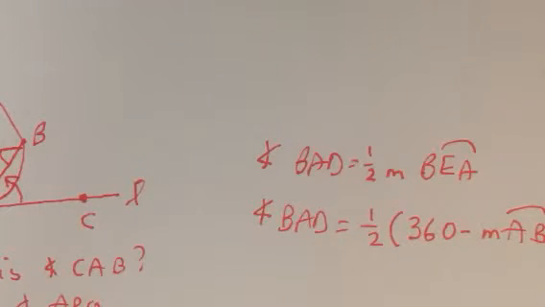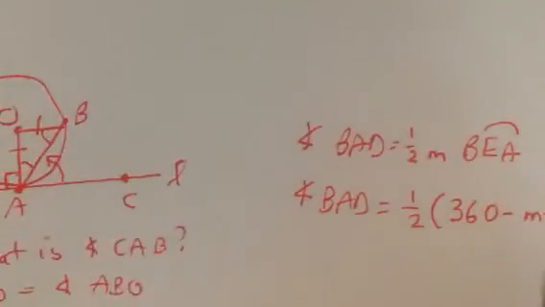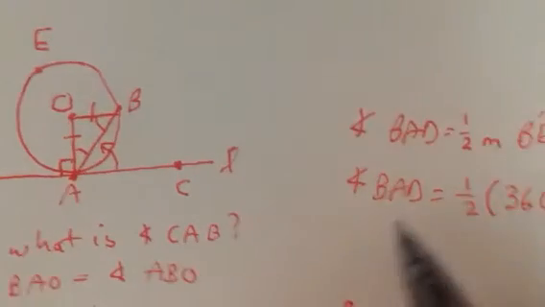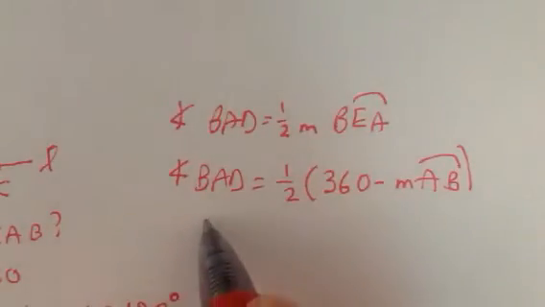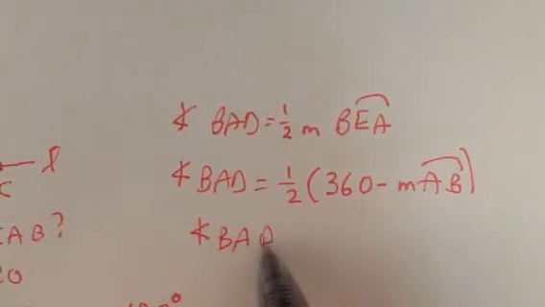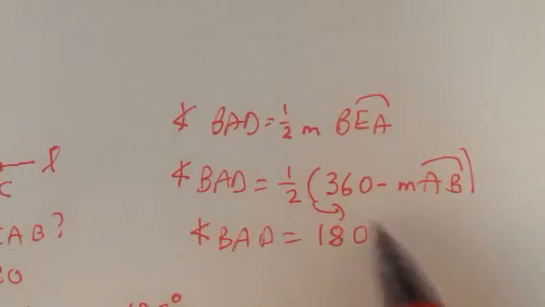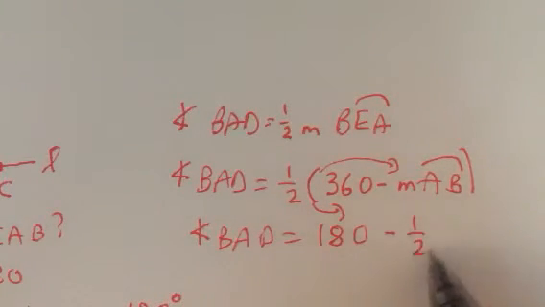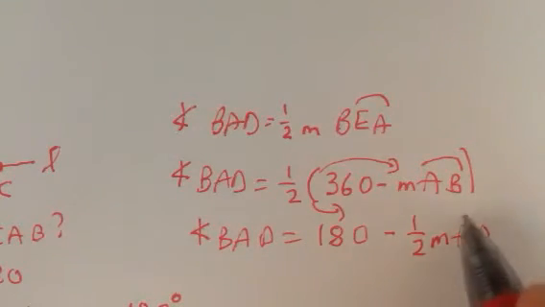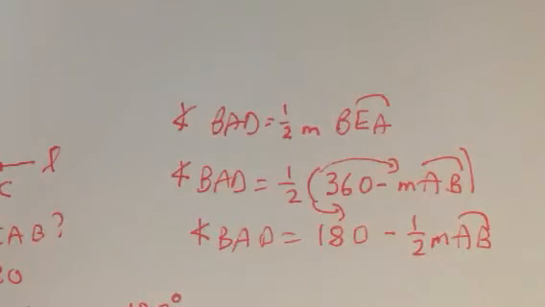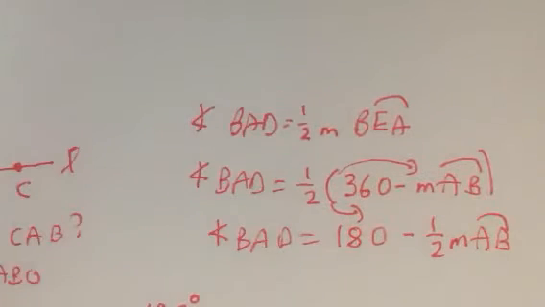This is the same thing as saying angle BAD is equal to 180, just distributing the 1/2, minus 1/2 times the measure of arc AB. So we now have an expression for BAD in terms of measure of arc AB.